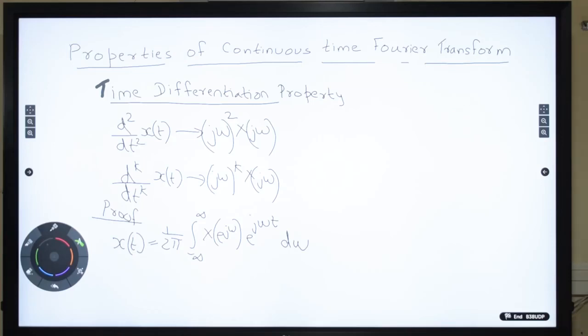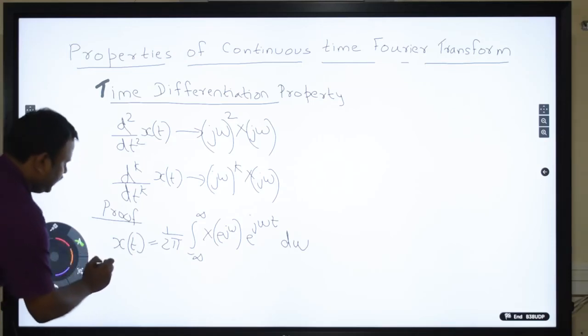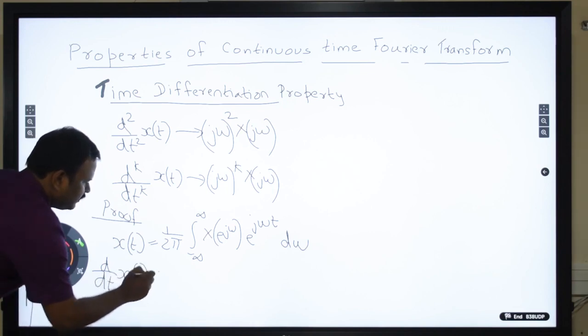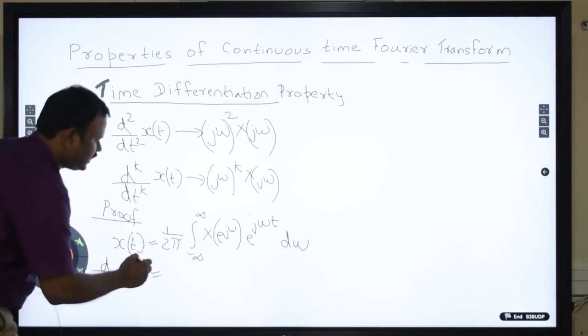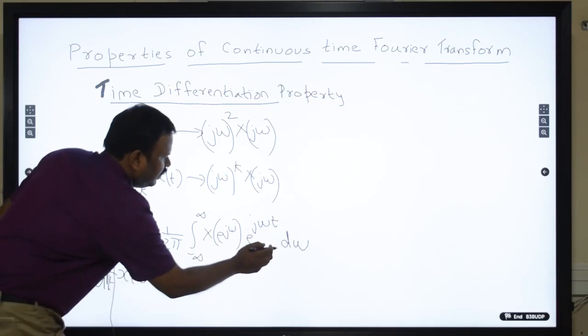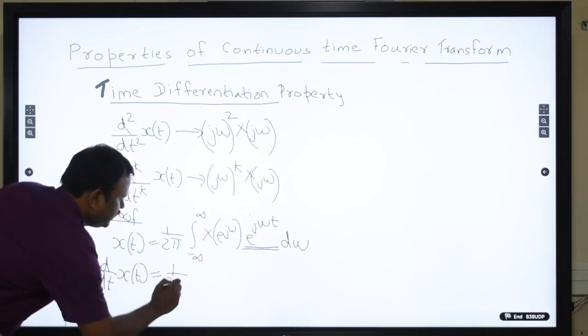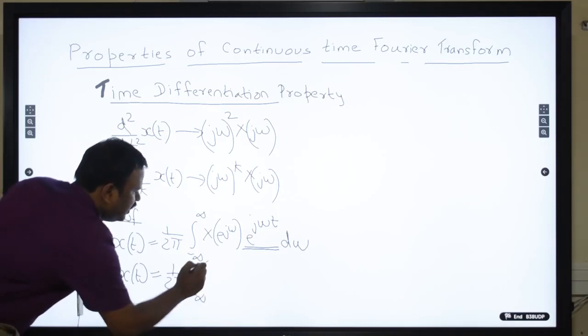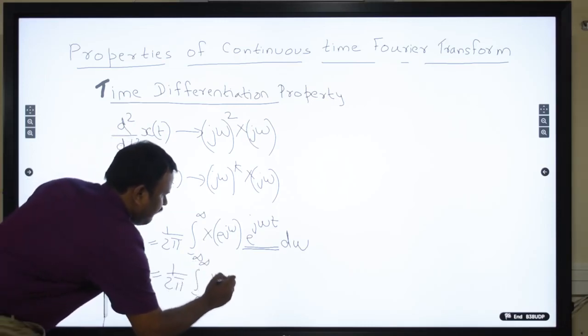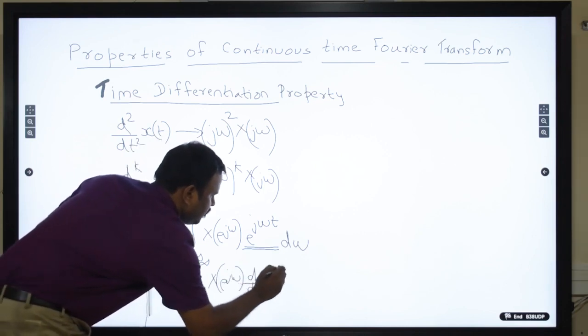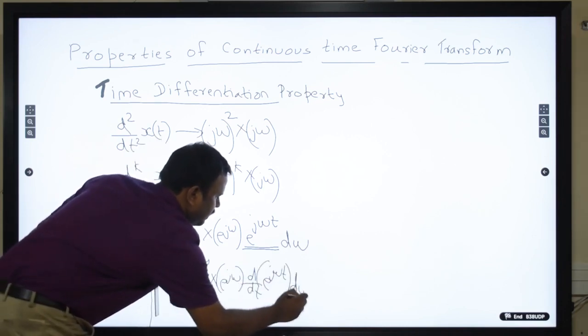Now, differentiating the left hand side, d by dt of x of t. So, you have to do the differentiation for the right hand side. Since the time appears only in e power j omega t, the differentiation applies only to that part.